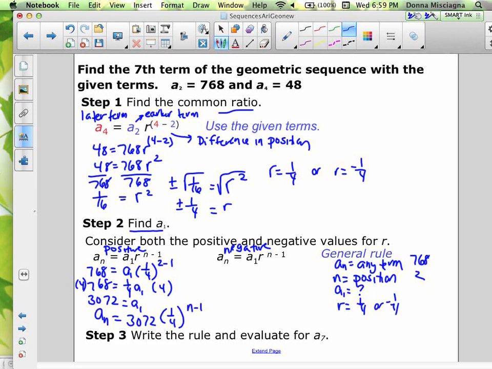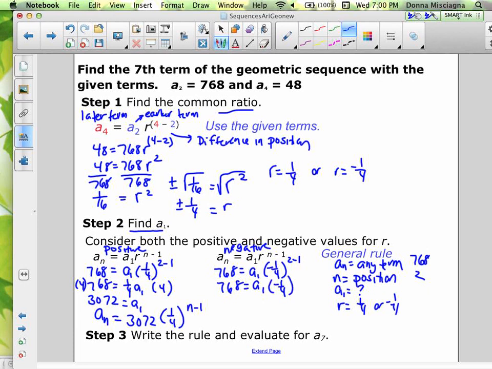Let's take a look at the negative case. Everything is going to be the same, except R is going to be negative 1/4 this time instead of 1/4. So 768 equals A1 times negative 1/4 to the 2 minus 1 power. That's negative 1/4 to the first power, so just negative 1/4.